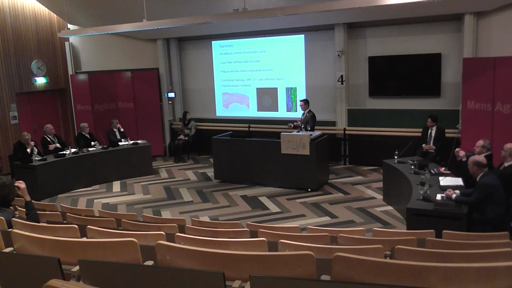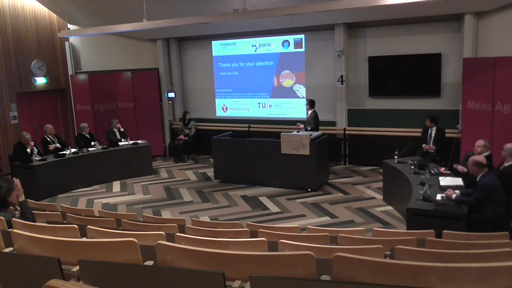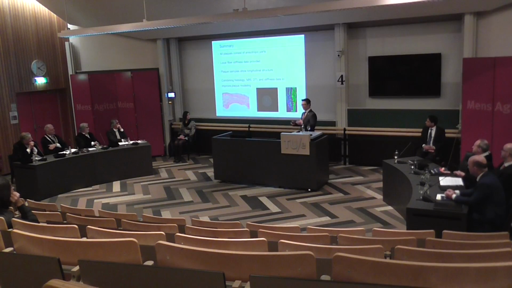If we combine this with imaging data, we would be able to provide a completely new input for computational modeling of plaques, which would be more reliable, which would be another step towards being a tool for clinicians in hospitals to predict plaque rupture and to predict heart attacks and strokes.